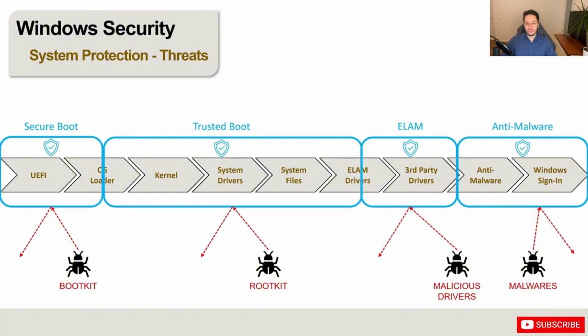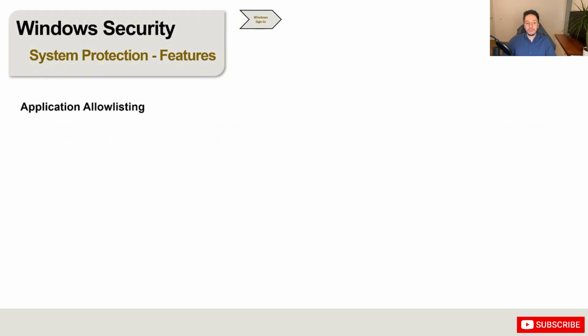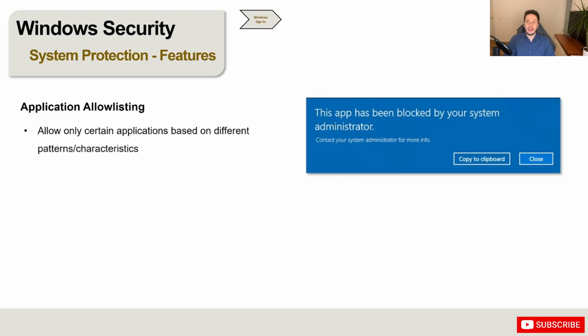So we need to protect ourselves against malwares a little bit more, because anti-malware solutions of course can be bypassed. What can we use? For example, we can use application allow listing. Application allow listing helps us to actually configure which applications are allowed to run in our environment and which are not allowed to run.